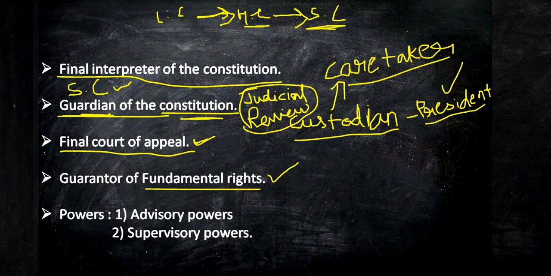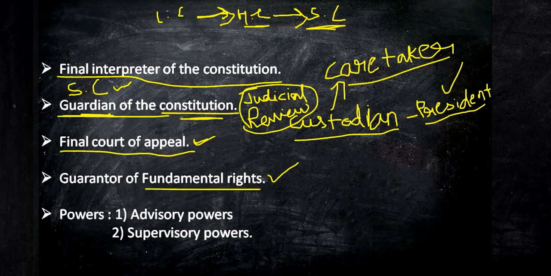In that case, what will the Supreme Court do? Through the provision of constitutional writs, the aggrieved person will move to the Supreme Court where he will file a petition, or let us say the writ called habeas corpus. Through these constitutional writs, the Supreme Court will investigate the entire matter and decide whether the fundamental right is being violated by that particular law or act of the state or government or not.